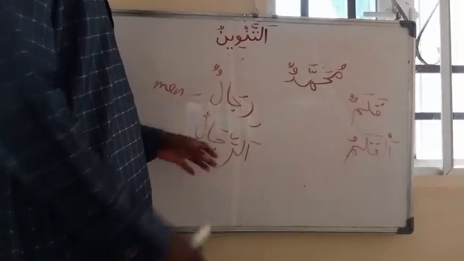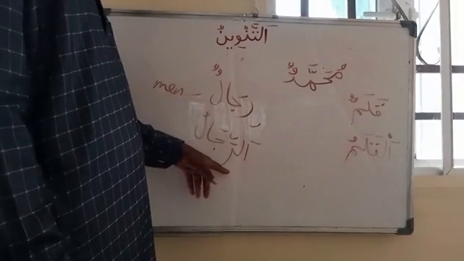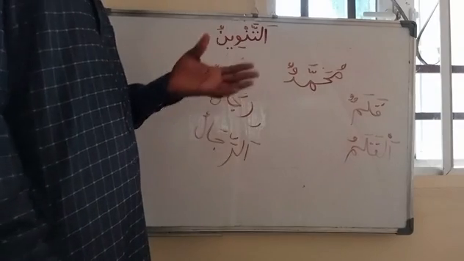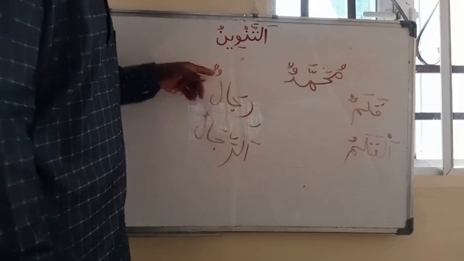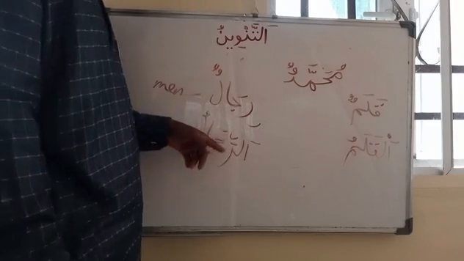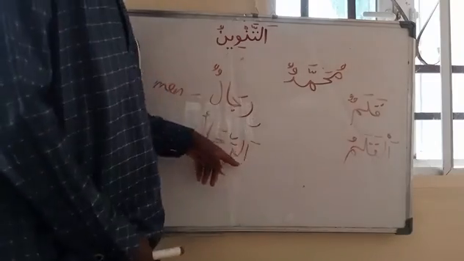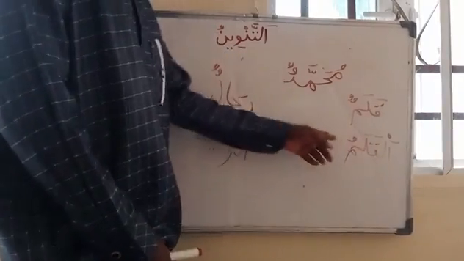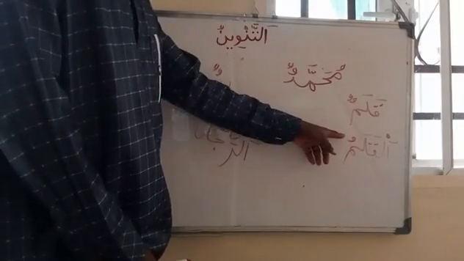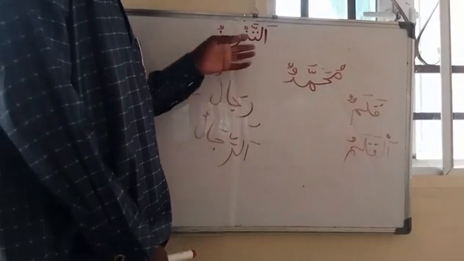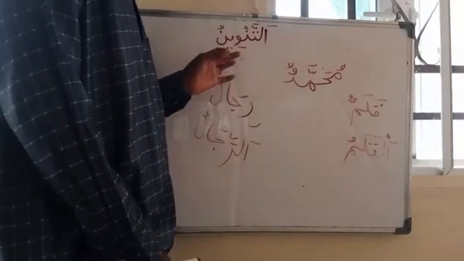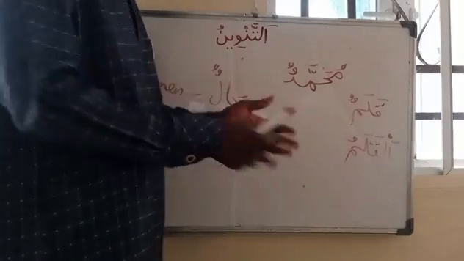So whenever you have al, it makes a name definite, which means the. Without it, we usually end the word with tanwin. And you can also observe that whenever we have al starting a word, then such a word, even though it's a name, can never end in tanwin again. It can't end with fathatan, kasratan, or dammatan. So tanwin does not combine with al.